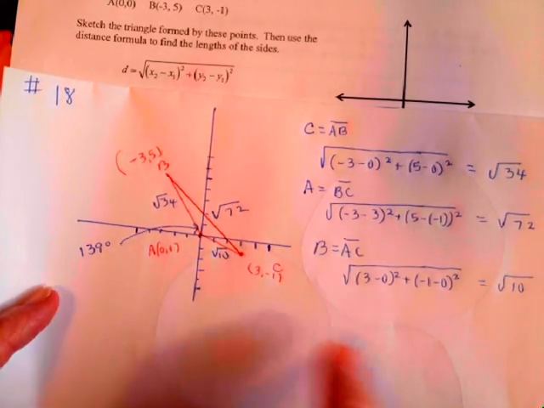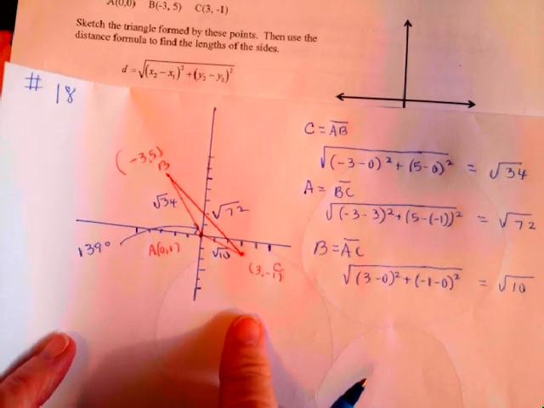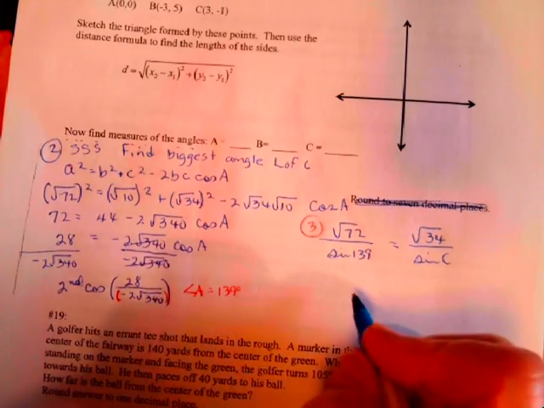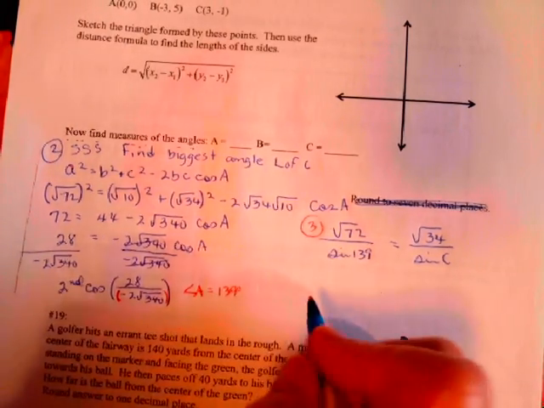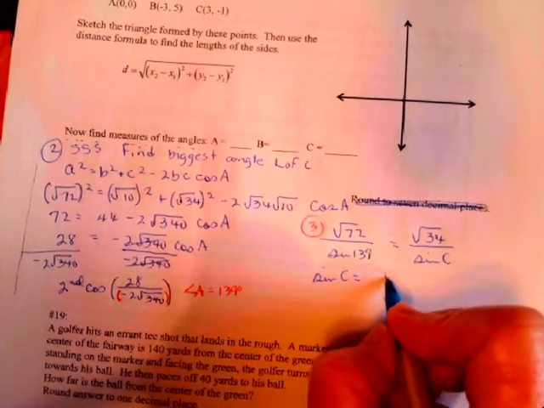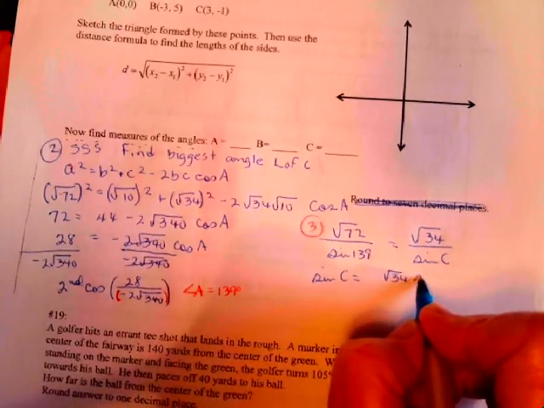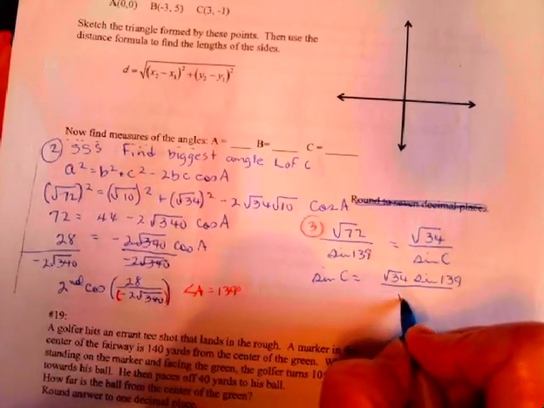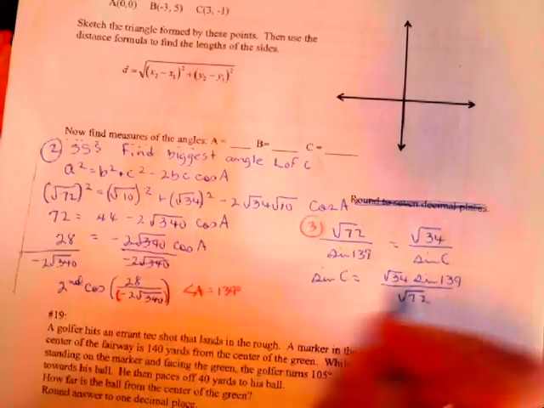And we're looking for angle C. So here we go. Sine of C equals the square root of 34 times the sine of 139 divided by the square root of 72.